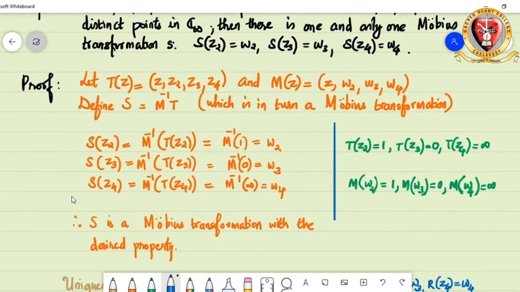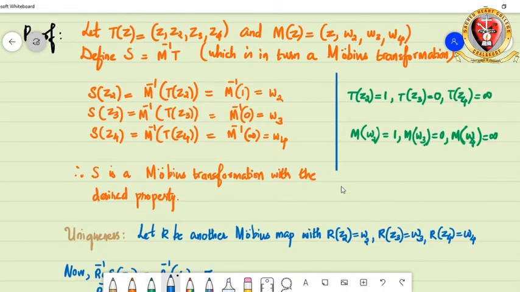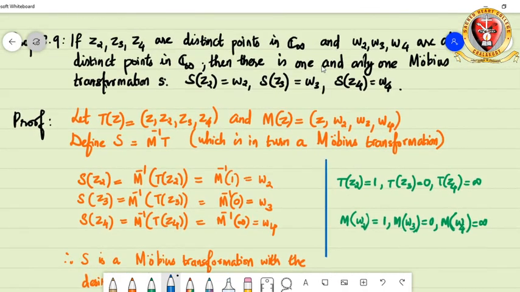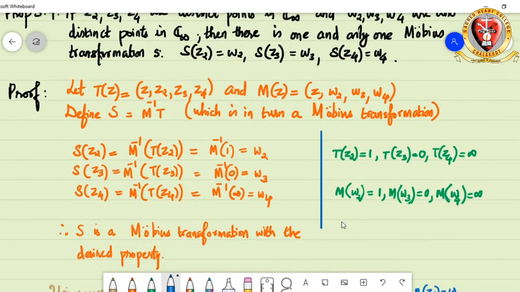So the defined S is a Mobius transformation with the desired property. That means this S is mapping Z2 to W2, Z3 to W3 and Z4 to W4. So it is a Mobius transformation with the required property, and then we have to prove that it is one and only one having this property.